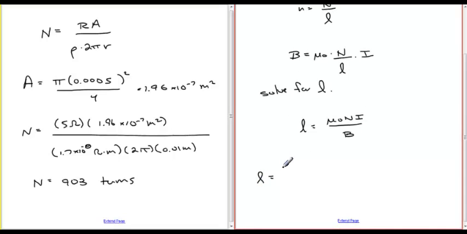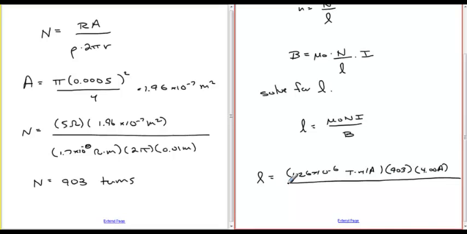mu0, look in the back of the book, is the permeability of free space, 1.26 times 10 to the minus 6. The units are Tesla meters per amp. Times the number of turns, that doesn't have units, times the current, which is 4 amps, divided by the magnetic field strength, which is 4.00 times 10 to the minus 2 Tesla.